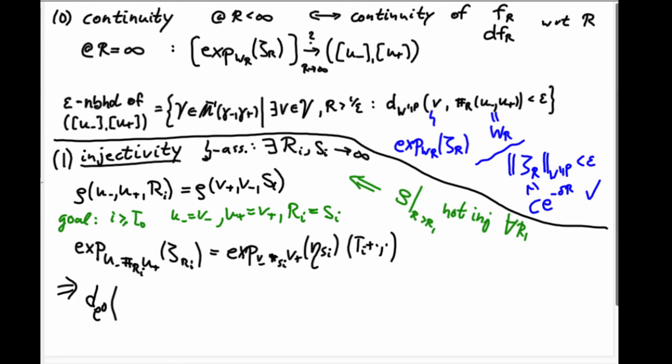One is the C0 distance between the preglued curves, but the preglued curves are equal to u minus or v minus on certain intervals. So u minus, let's say on, what was that, dot plus Ri, is close to v minus, that gets shifted some other way. It gets shifted by the Si and then the Ti.